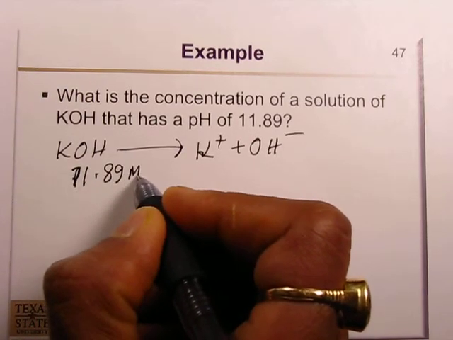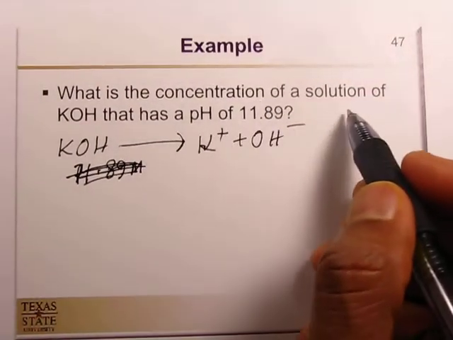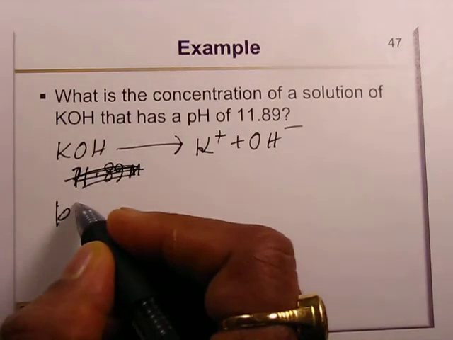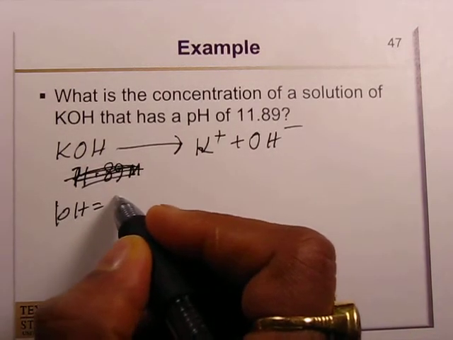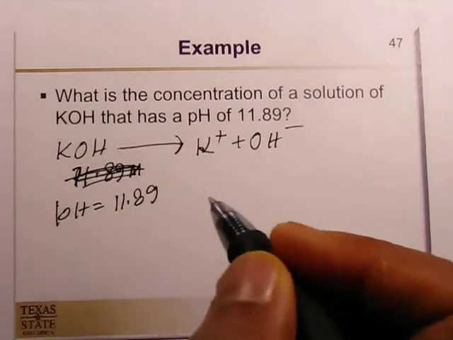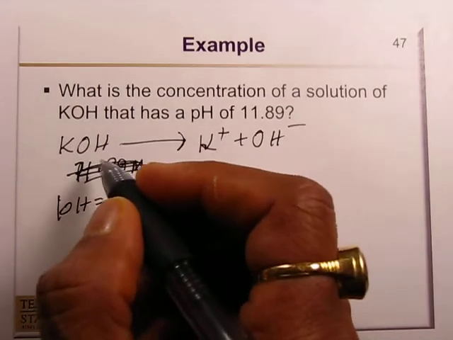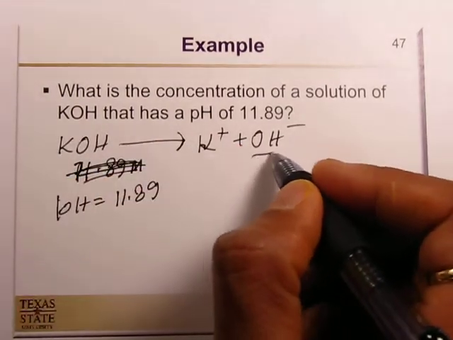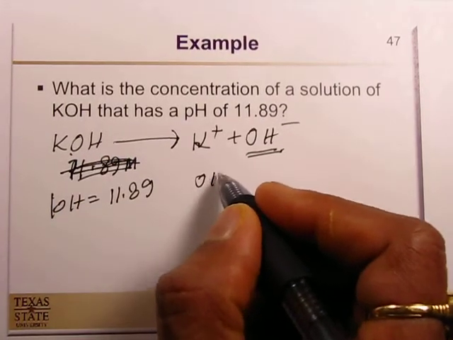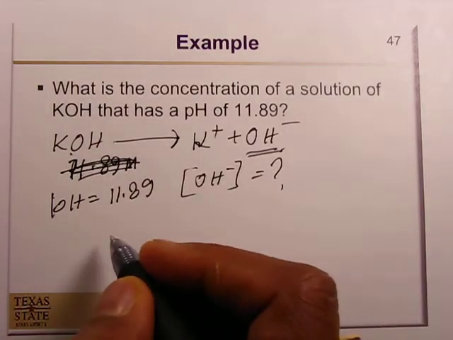What is the concentration of the solution? The pH given for this solution is 11.89, and now they are asking what is the concentration. So basically, if we can find the hydroxyl ion concentration, we can get the KOH concentration. So let's calculate the hydroxyl ion concentration.